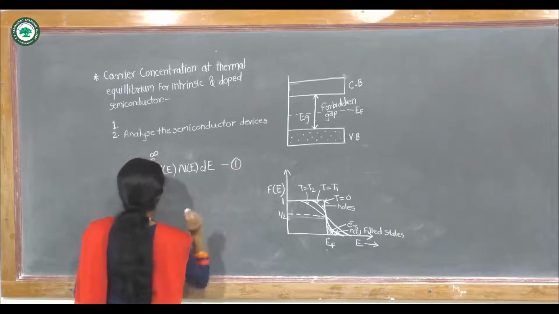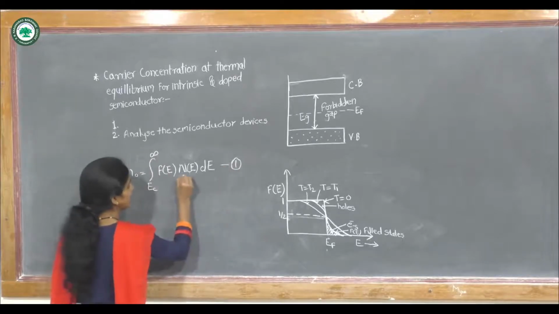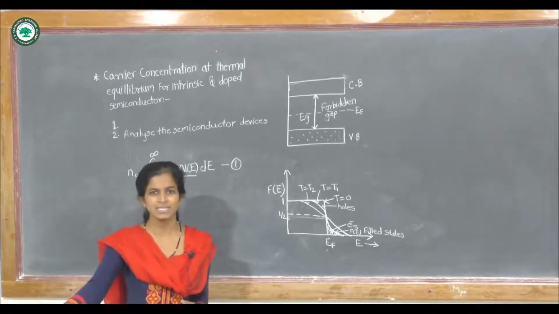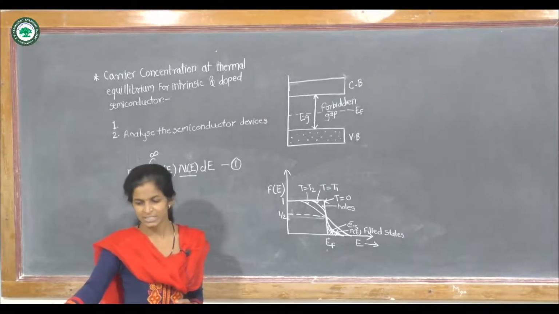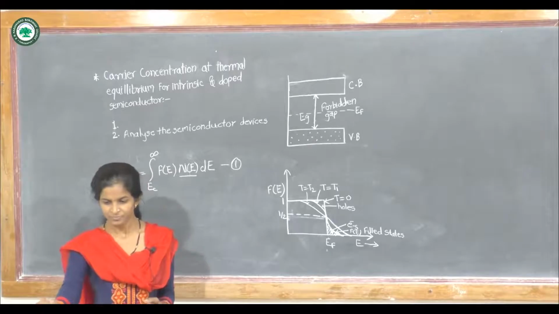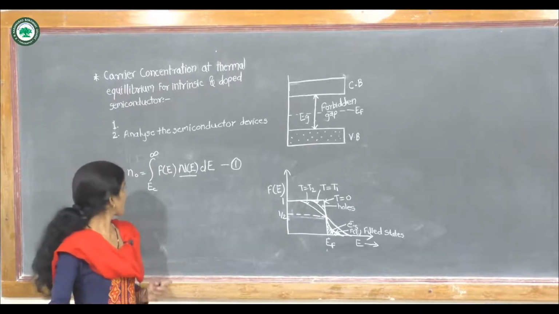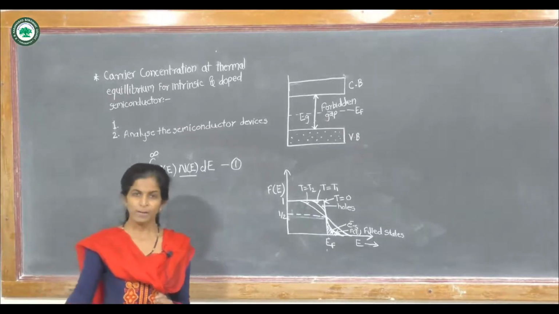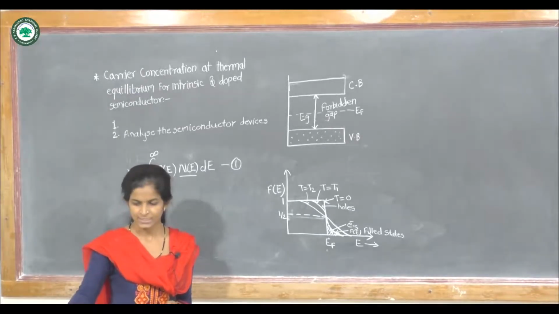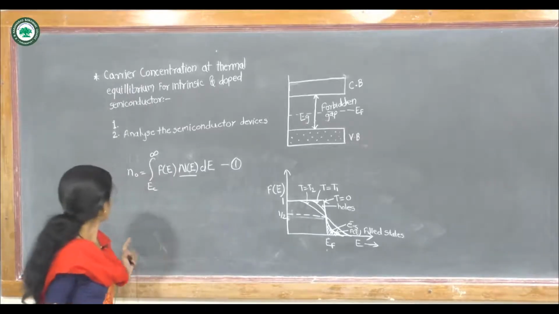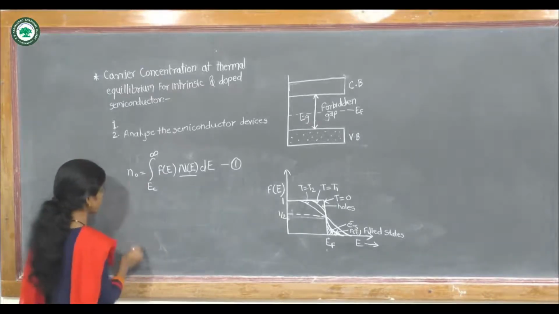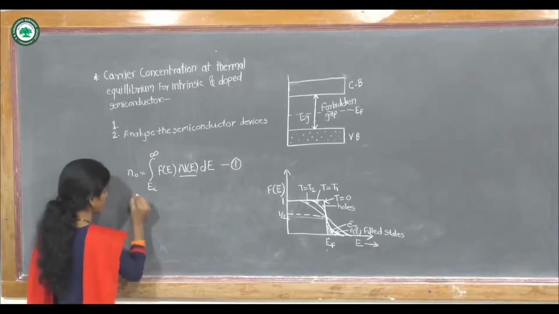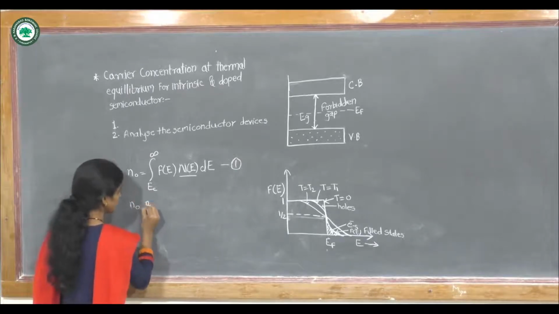In this equation, N(E) dE is nothing but the density of states in the energy range dE, and f of E is the probability of occupancy. In this equation, the subscript 0 for electron concentration, that is n naught, or for hole concentration, one may write p naught.